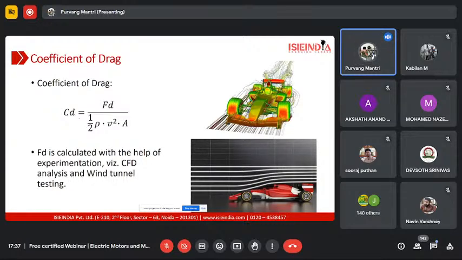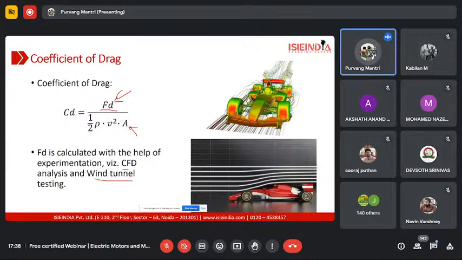As I said, we calculate drag force by performing CFD analysis and wind tunnel testing. So there are pressure sensors and strain gauges mounted on the vehicle that can provide you with the values of how much force has been generated in the opposite direction because of the air, and that force can be used in this particular formula. That force is nothing but the drag force, and we know how to calculate the frontal area.